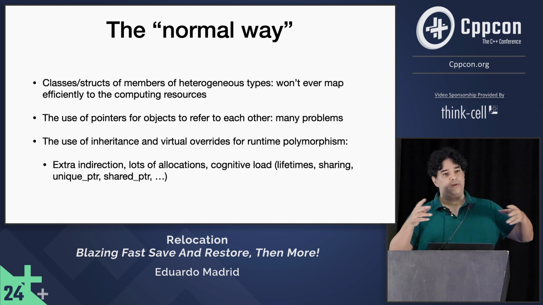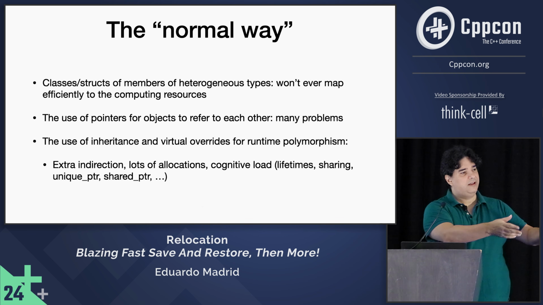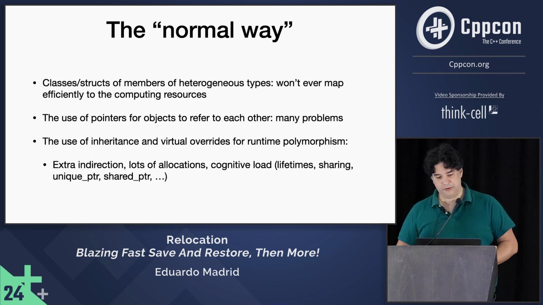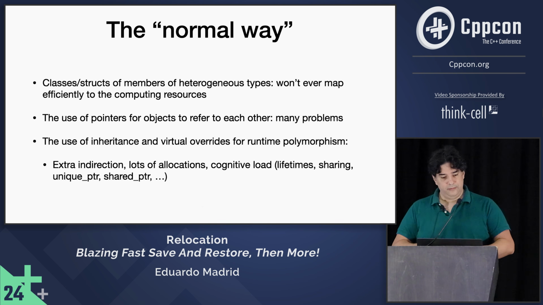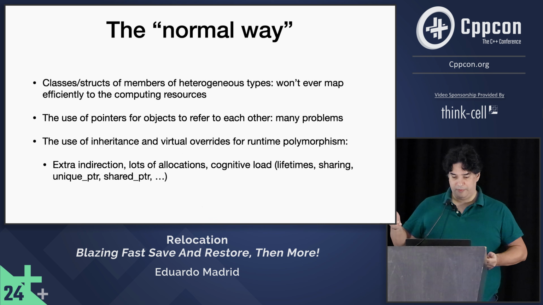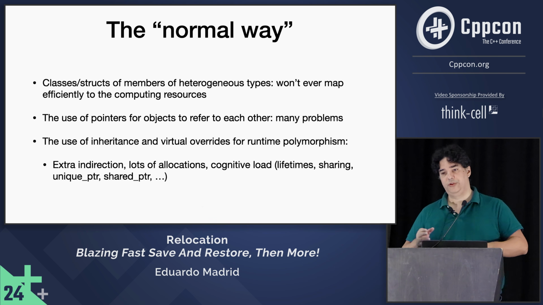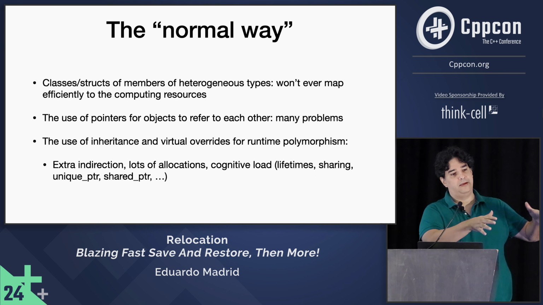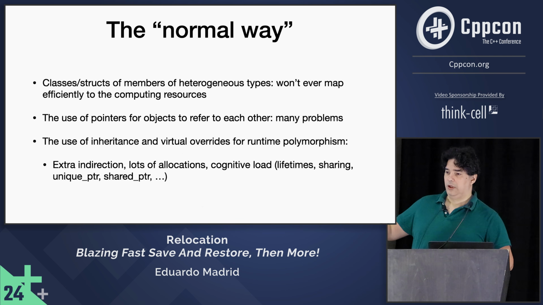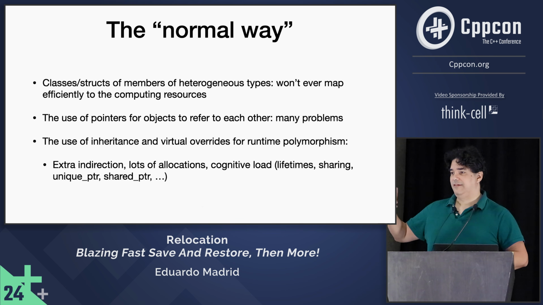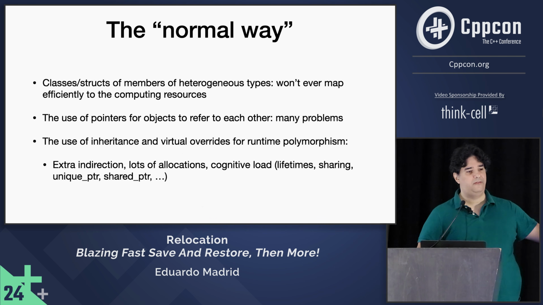And if you want to refer to other objects, then you just put a member that is a pointer to the objects that you want to refer to, or maybe even a reference. And if you use inheritance and virtual overrides, the limitations of that mechanism in the language will force you to transform what could be concrete members in your structures into pointers to base classes or references to base classes that refer to objects that have derived types.